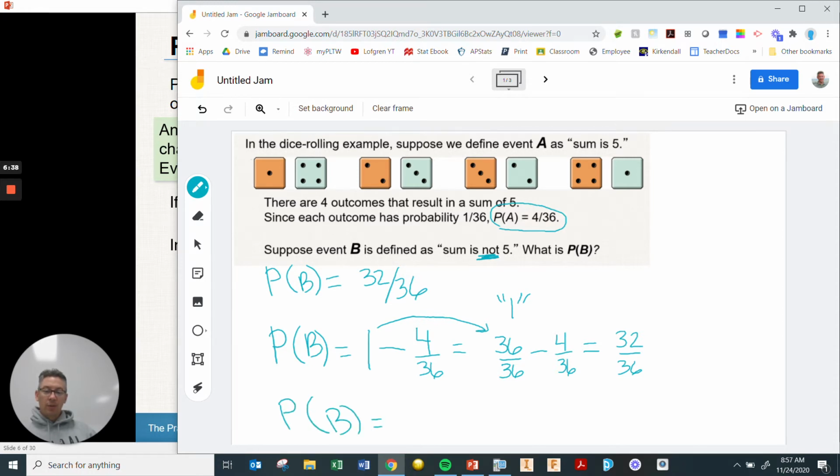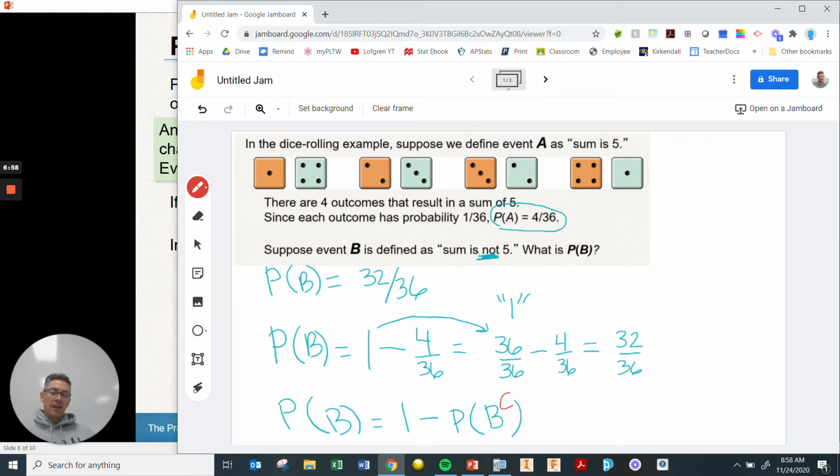And what we're doing is we're saying the probability of B is 1 take away the probability of B complement. And I'm going to put another symbol up here. I'm going to get different colors so you see it. Okay, that B looking like an exponent C, that's called a complement.